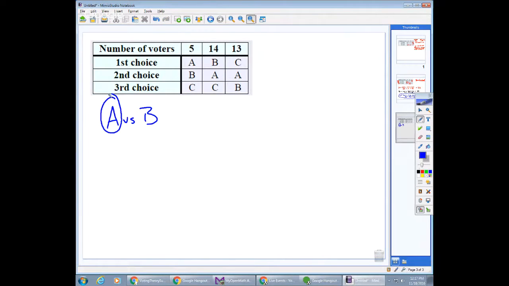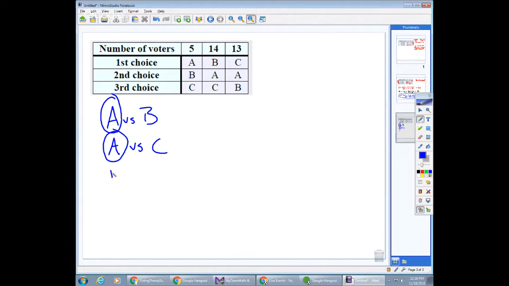Glad you're paying attention. All right, so then we compare. We have to do all pairwise comparisons. So next we would say, okay, let's try A versus C. What happens? A versus C, we got A wins here, A wins there, C wins there. So it's what, 19 versus 13. So A is the winner there.